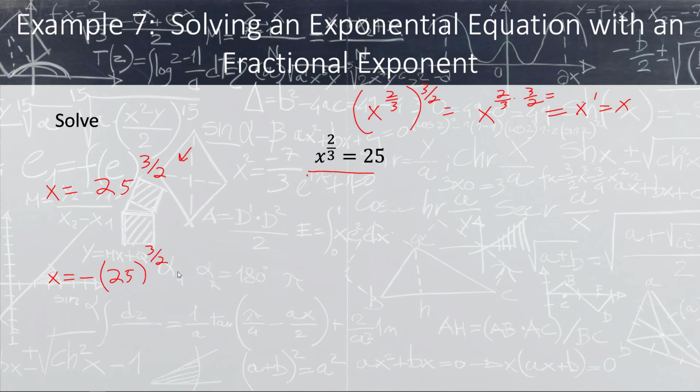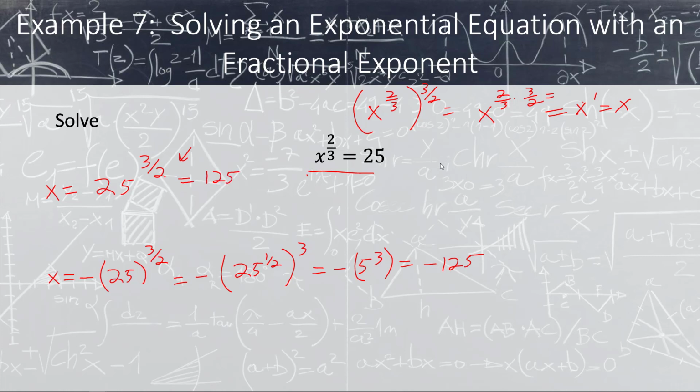The best way to do this would be to first take the square root, and then cube it. And if I do, I will have negative 5 cubed, which will be negative 125. Doing the exact same thing over here, I will have positive 125.